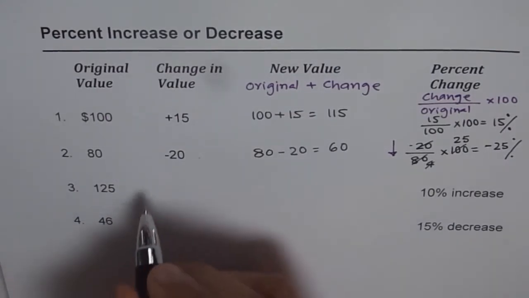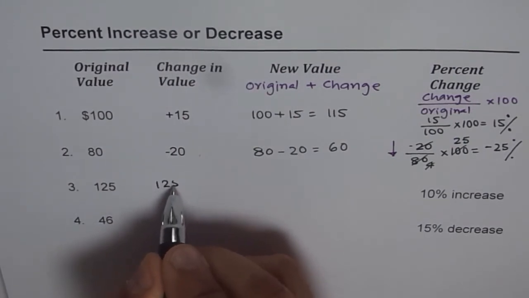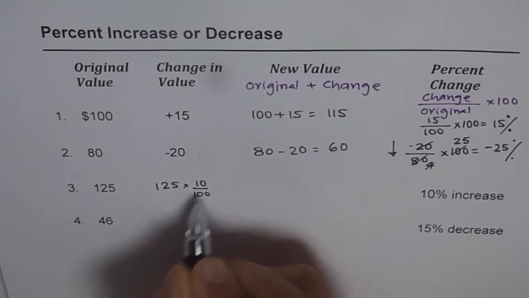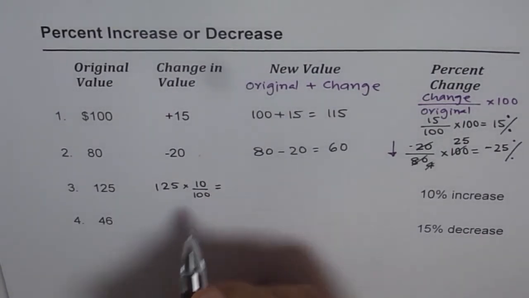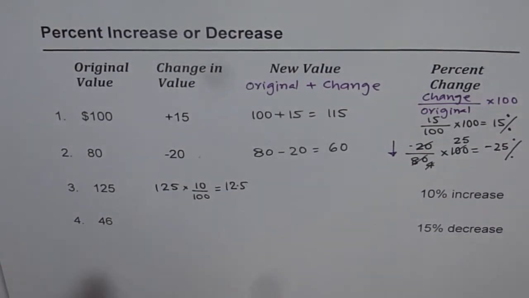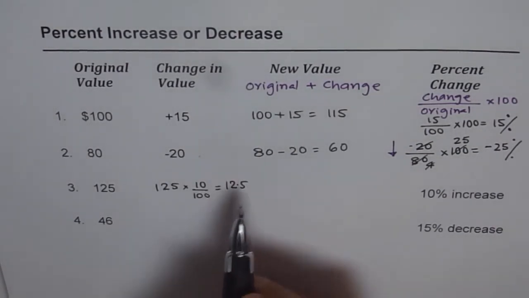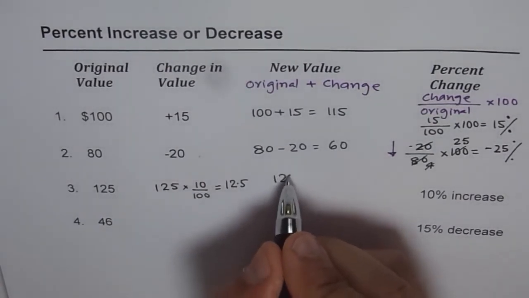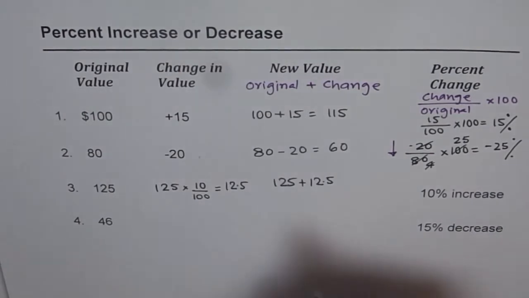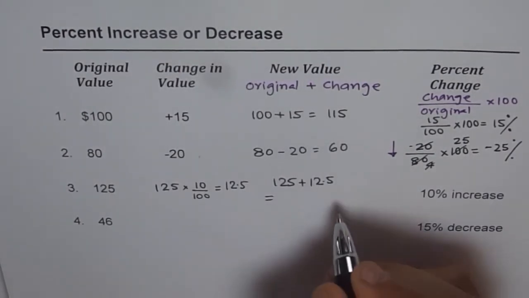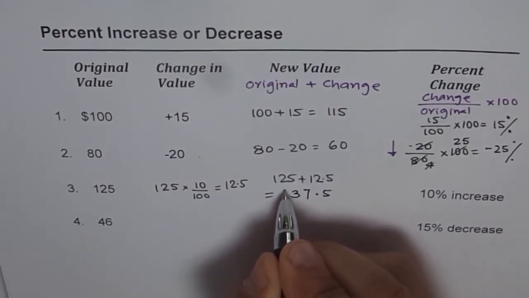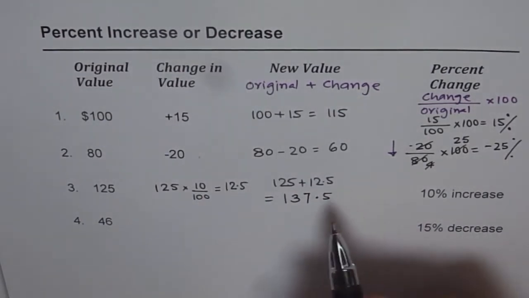So 10% of 125, if I write in fractions, it will be multiplied by 10 over 100, right? Which is equal to 12.5. So that is the increase. And if this is the increase, then the new value should be 125 plus 12.5, correct? That is how you're going to find the new value. Let's add them up. So you get 137.5 as the new value.